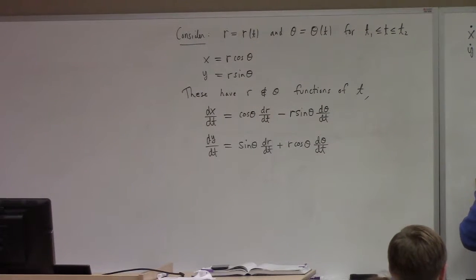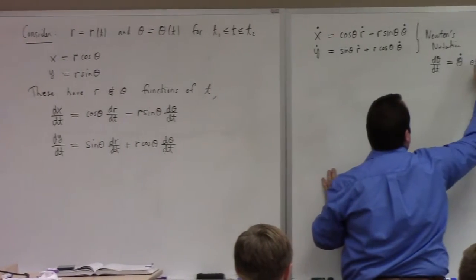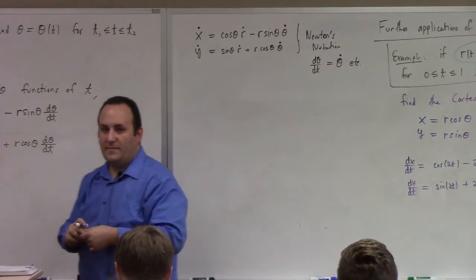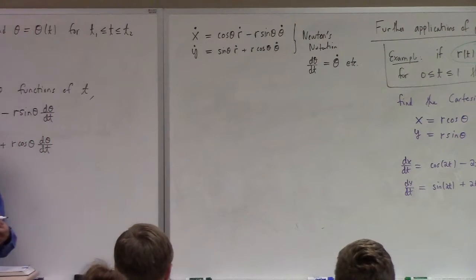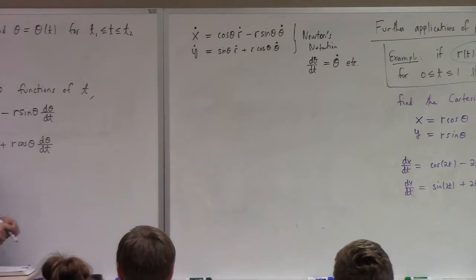This is Newton's notation, which is just that, like, d theta dt we can denote by theta dot, etc. It's a nice compact notation. It's a standard notation, especially used in physics.